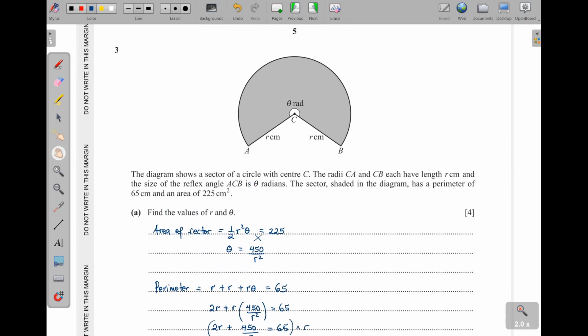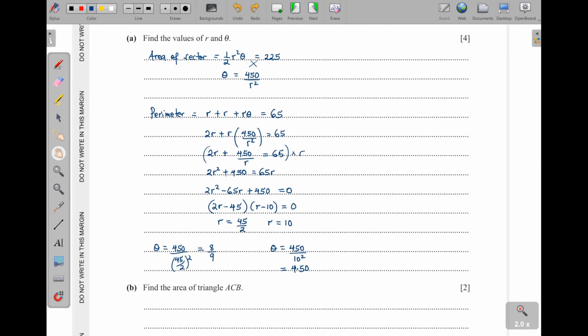But then when we look at our theta here, it is a reflex angle. If it is a reflex angle, that means it has to be bigger than 180, because if I draw like this, maybe this one to be 180, then there is something that is added on. So it is bigger than 180, and 180 is pi. Pi is 3.14 and the rest of those figures. So this 4.5 is greater than pi. This is 0.888 recurring, which is less than pi.